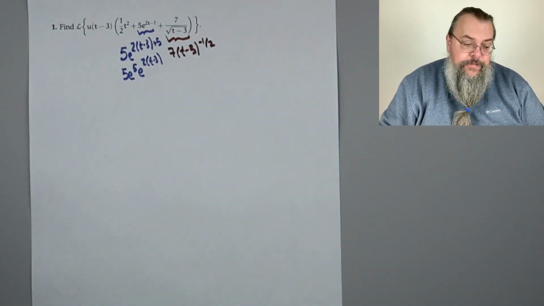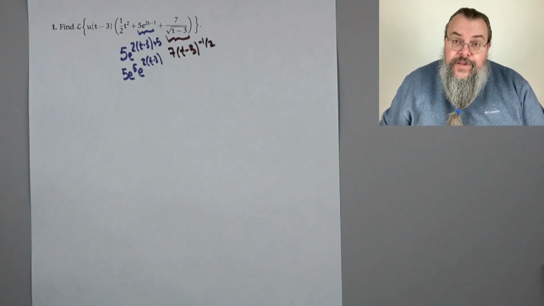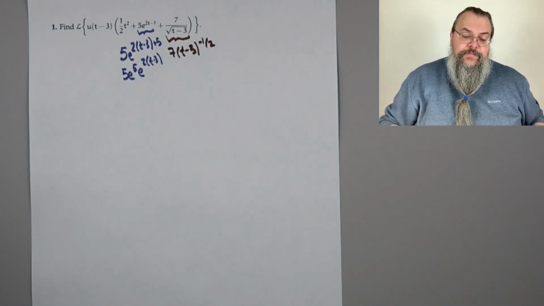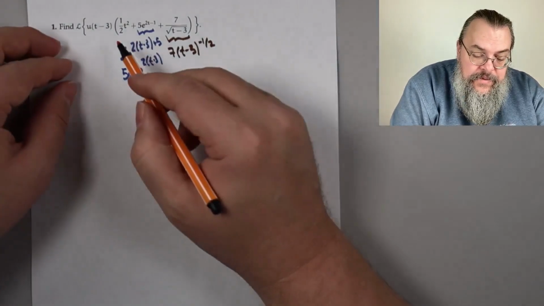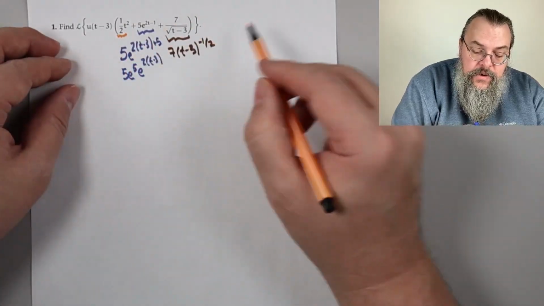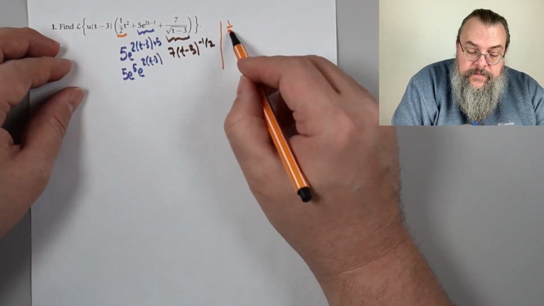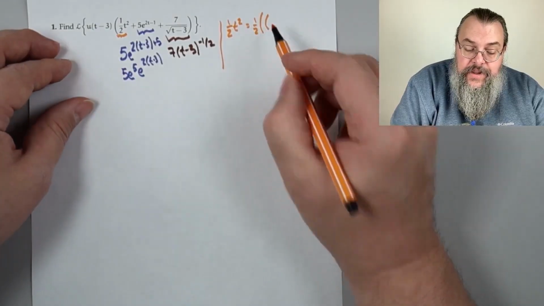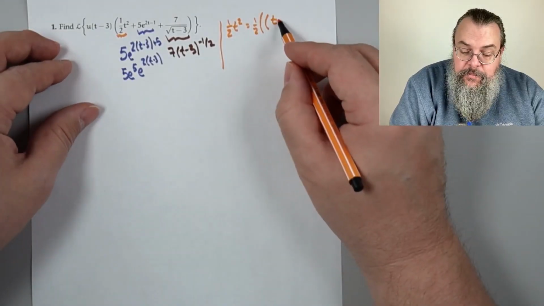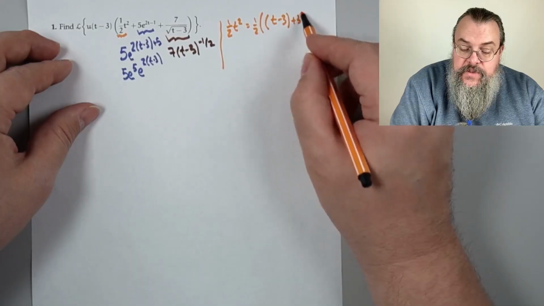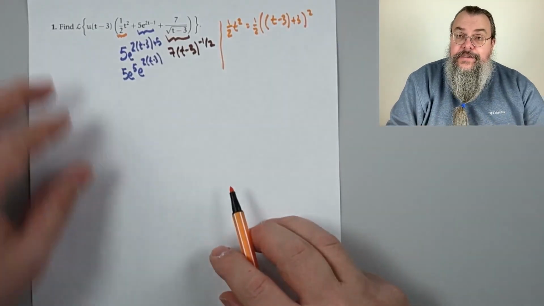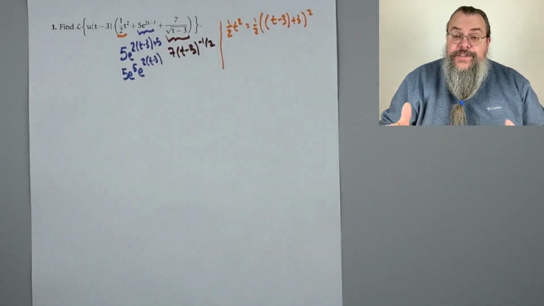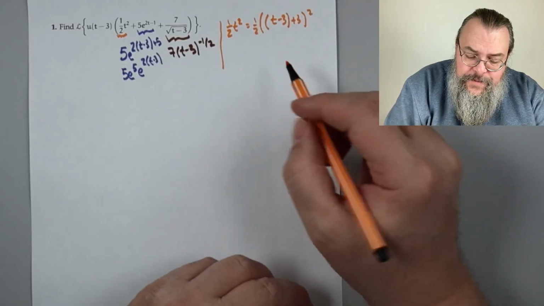Now we have one more, and that's the t squared. All right, so let's talk about this one. So we have a half t squared. Well, a half t squared is the same as a half, and now a classic, we'll do a t minus 3 plus 3 squared. Yes? Minus 3 plus 3, 0. Of course it works out.